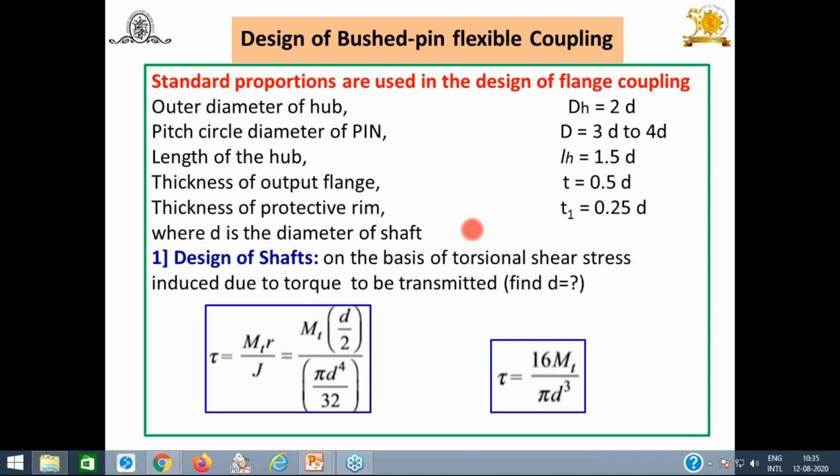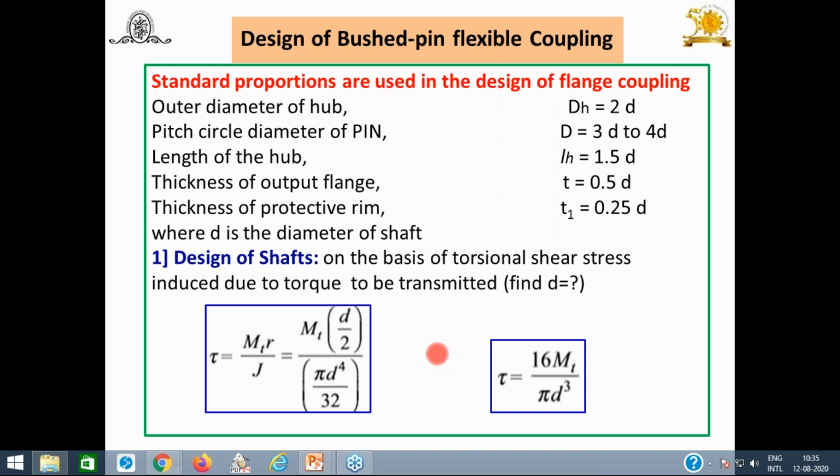You can do it as usual practice while designing any machine element, which is rational design, to find out dimensions. Now we first do the design of the shaft. You know very well, when the shaft rotates, its main function is to transmit torque and power.